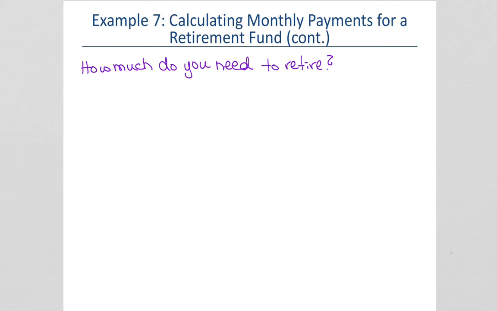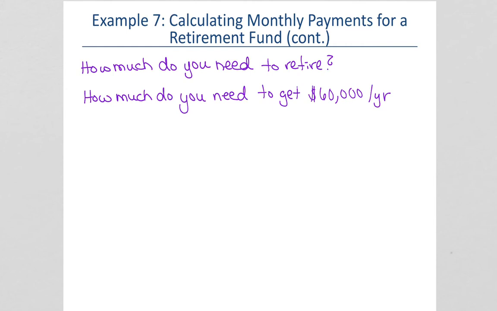So how much do you need to retire? Well, you need to ask yourself, how much do you need to get $60,000 a year, every year, just in interest when you retire.